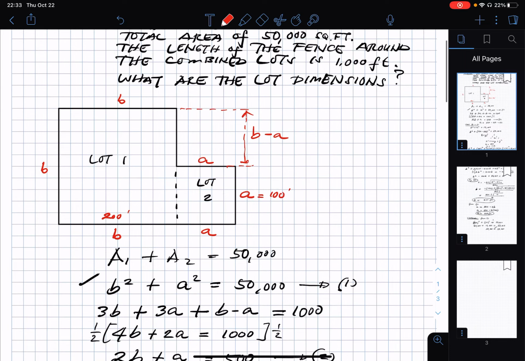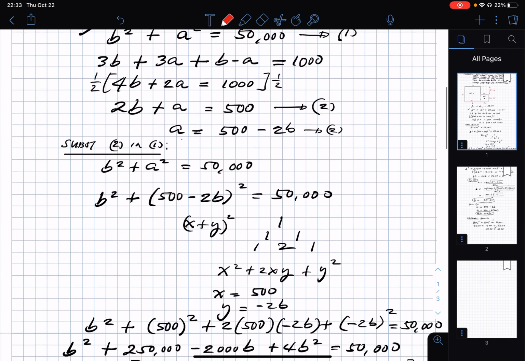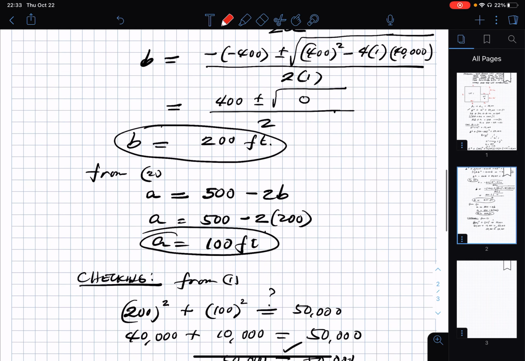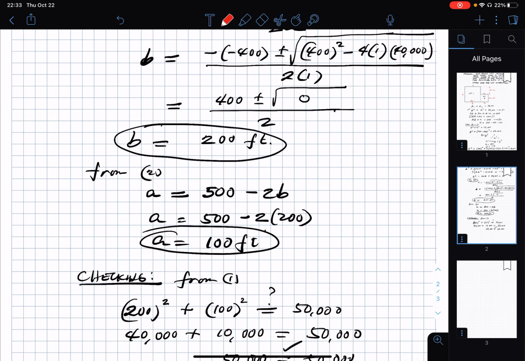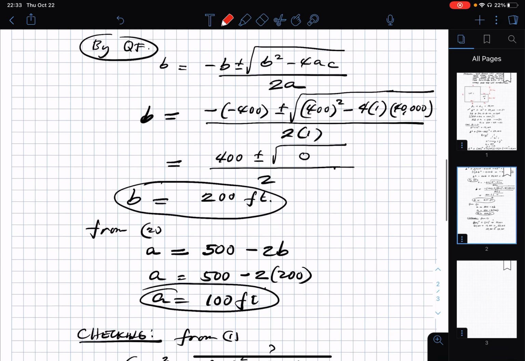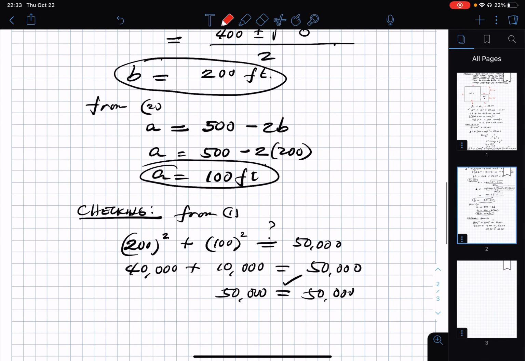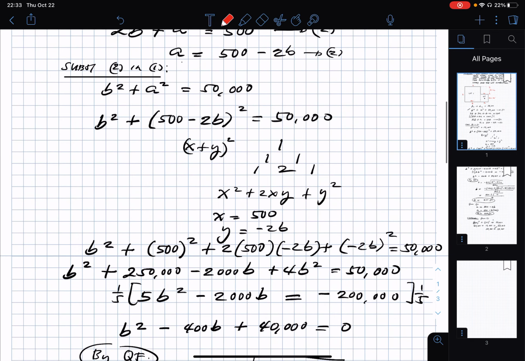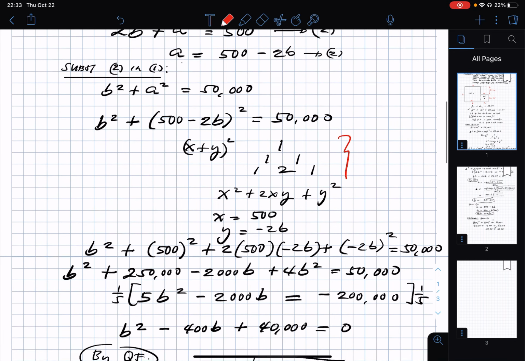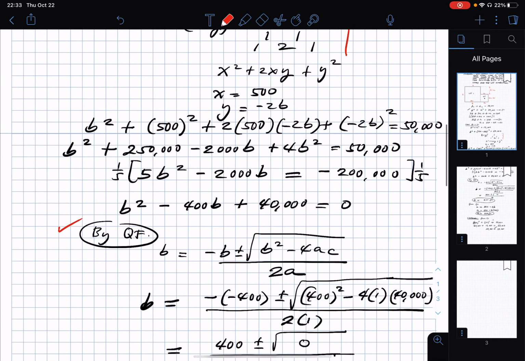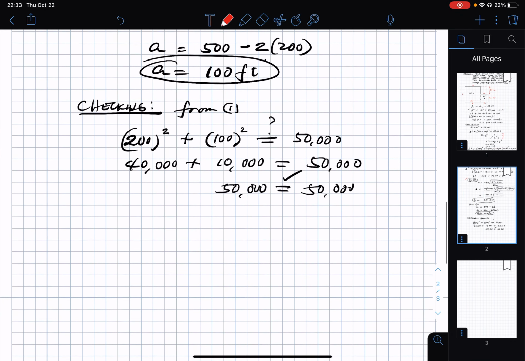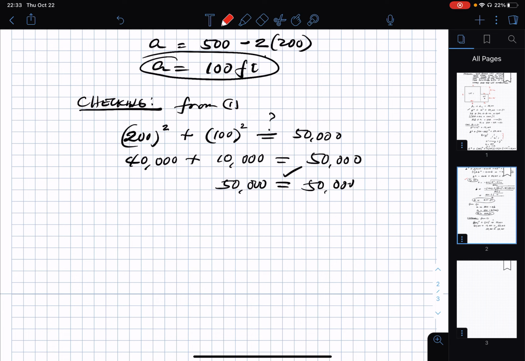Okay, so this is a very good example of a worded problem where we apply the principle of two equations with two unknowns. We also apply the Pascal triangle, as you can see, the Pascal triangle. We also apply the quadratic formula, and this is a very good problem to start with and practice.